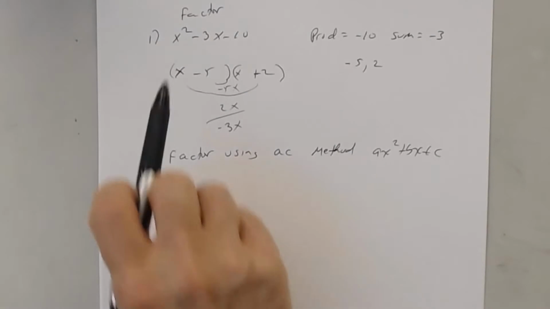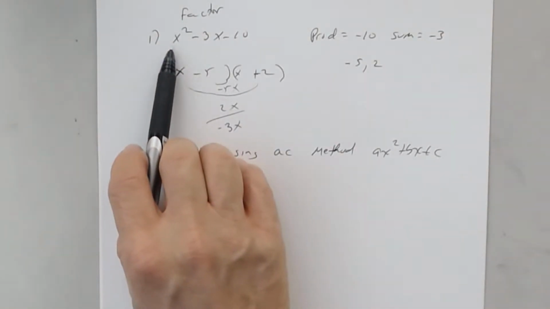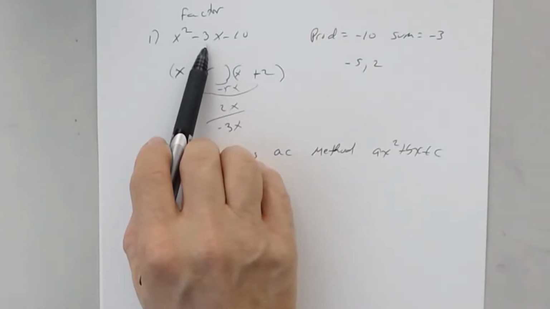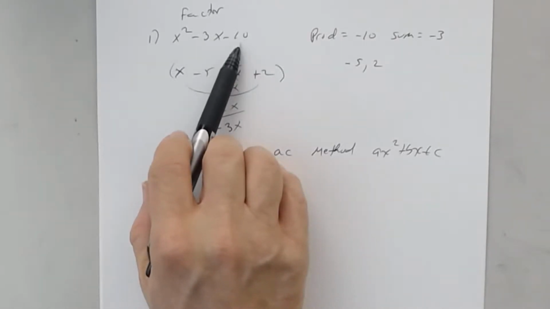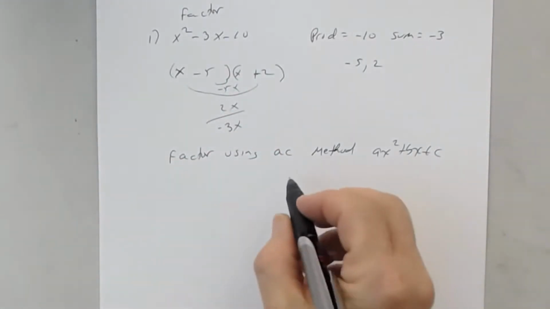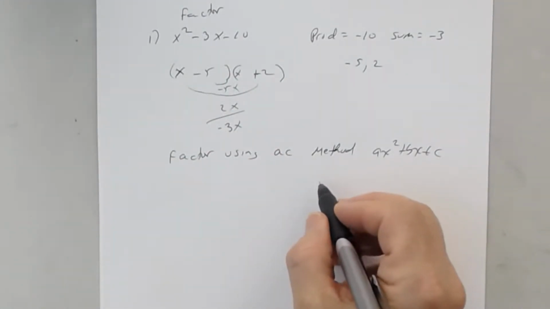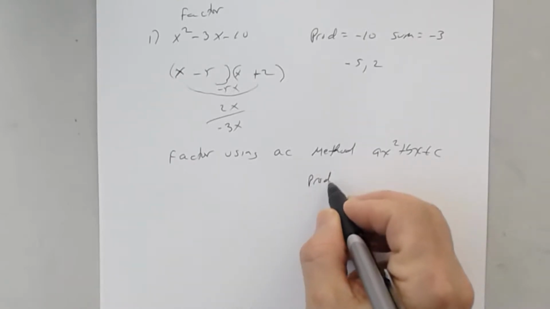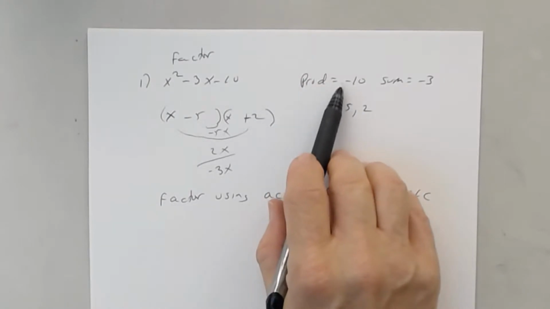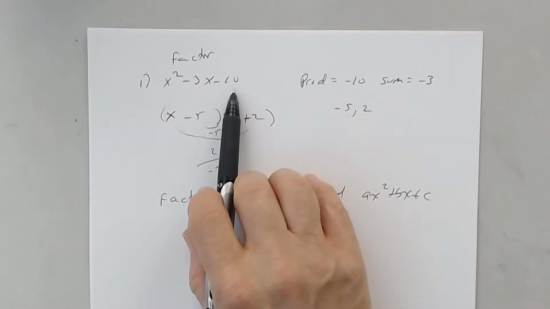So in this case, what was a? 1. What was b? Negative 3. And what was c? Negative 10. So when we talk about the AC method, it means this. We want to find two numbers whose product is, now remember when we did this one, we just said the last term, right?